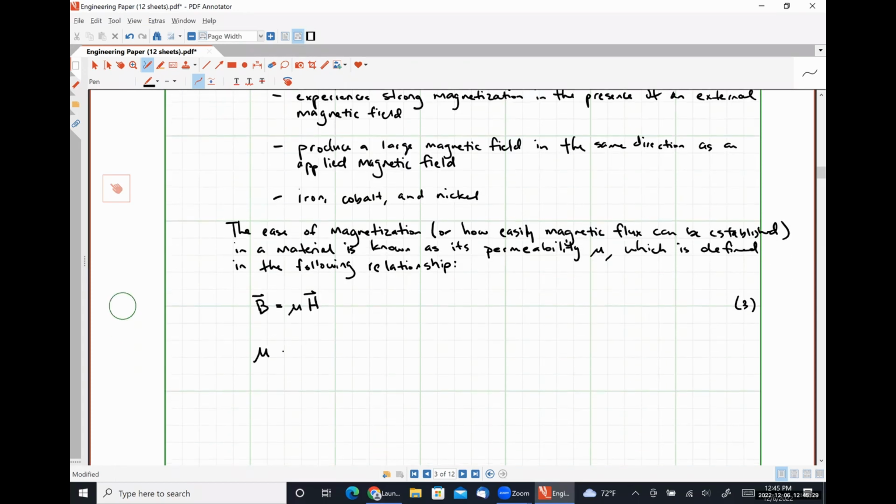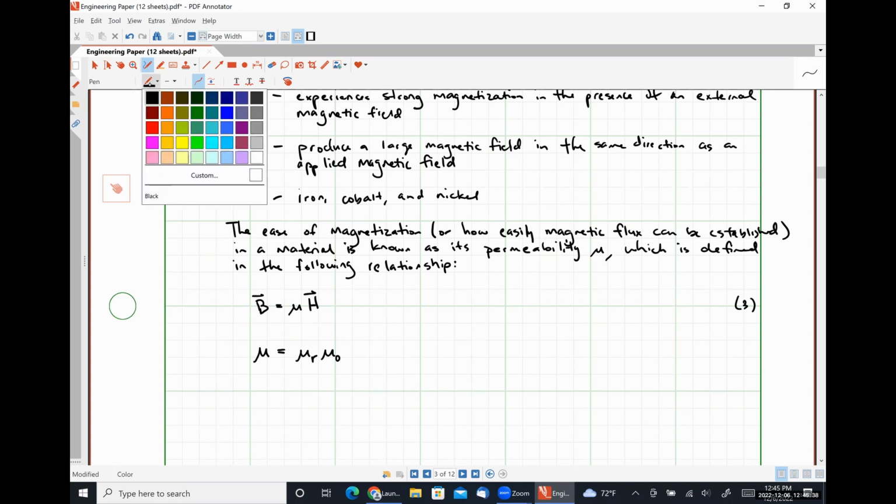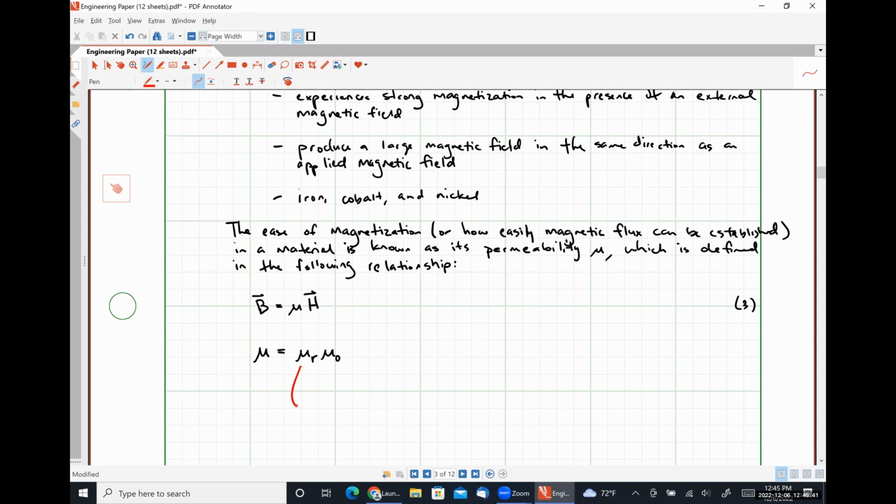So mu can be broken into two constituent parts, mu r and mu naught, where mu r is the relative permeability, and it is a unitless quantity, okay?